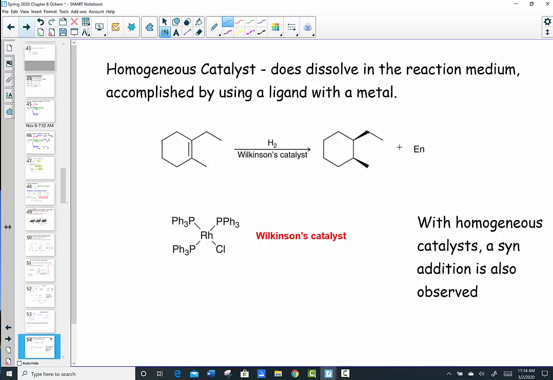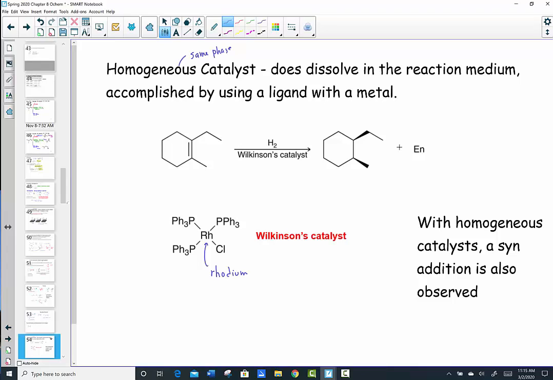Adding H across the double bond. So with a heterogeneous catalyst, such as the metal platinum, palladium, nickel, that was heterogeneous because they were in different phases. A homogeneous catalyst is in the same phase as the reaction medium, and there is such a reaction medium using Wilkinson's catalyst, which is a rhodium compound. It does dissolve in the reaction medium and accomplishes a ligand with a metal.